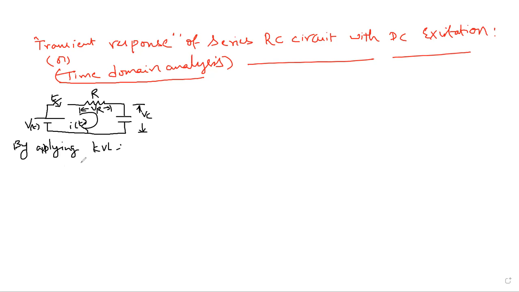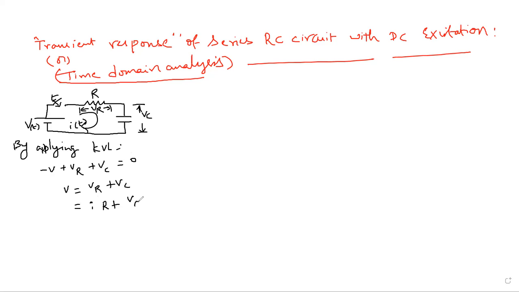I will give time after the end of the derivation. What is the KVL equation? Minus V plus VR plus VC is equal to 0. Very good. That means V is equal to VC plus VR. So shall I write like this?